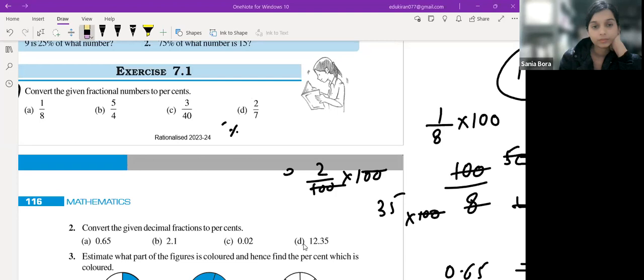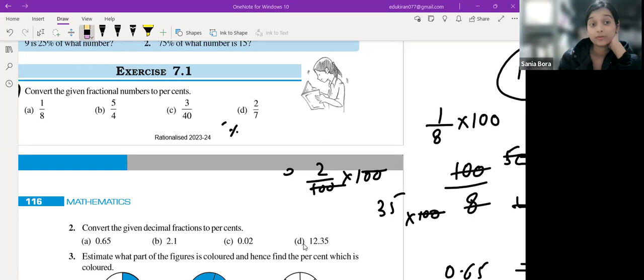The third one, Meeta saves rupees 4,000 from her salary. If this is 10% of her salary, what is her salary? Amount saved by Meeta from her salary is equal to rupees 4,000. Percentage she saves from her salary is equal to 10%. Salary she gets is X. 10% of X is equal to 4,000.